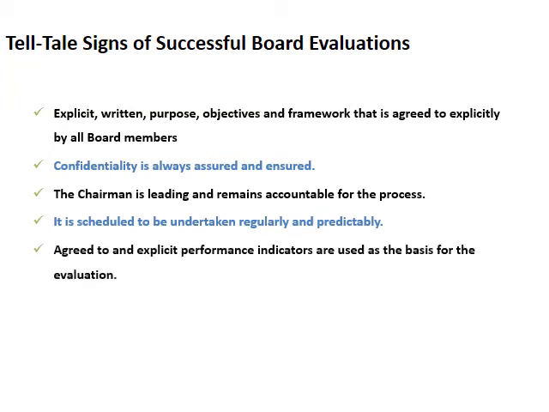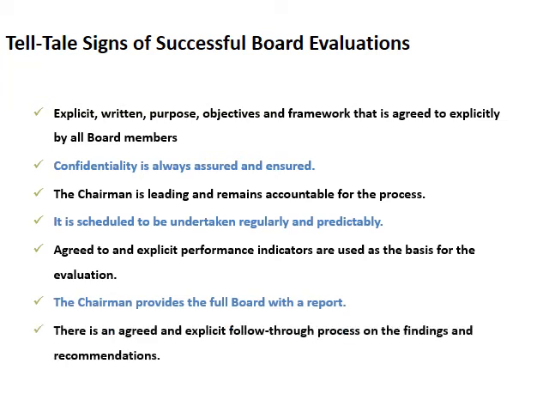Agreed to and explicit performance indicators are used as the basis for the evaluation. The chairman provides the full board with a report. There is an agreed and explicit follow-through process on the findings and recommendations. There is evidence of implementation of the findings and recommendations.